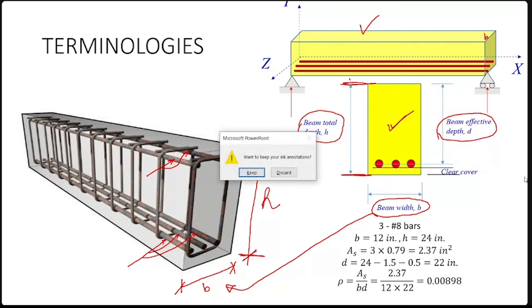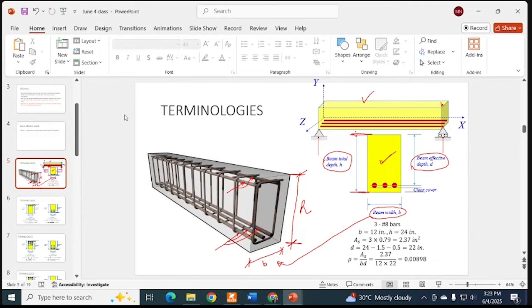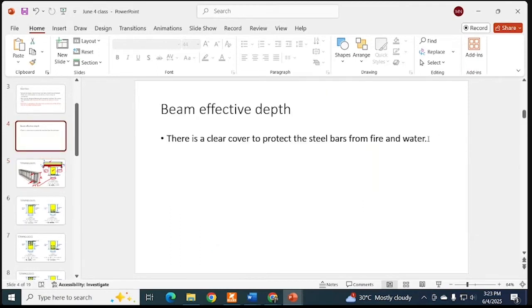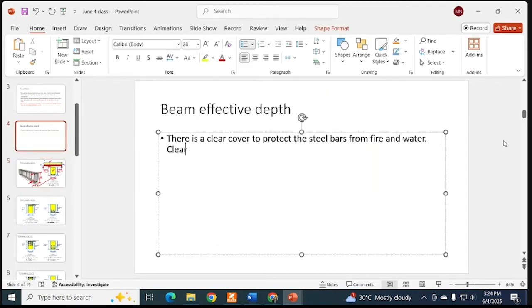Now, when I say superstructure, I mean above ground level.